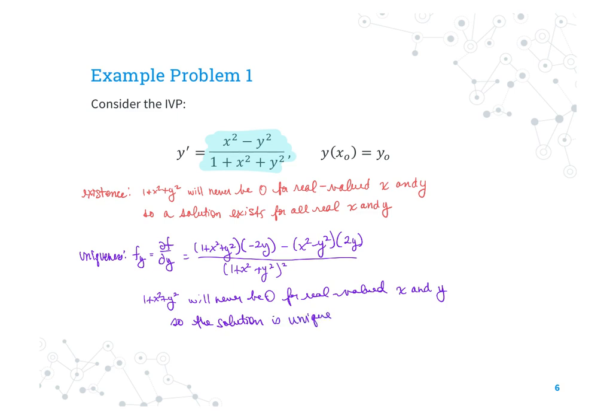And we would say, therefore, that x naught, y naught exists and is unique for all real valued x and y.